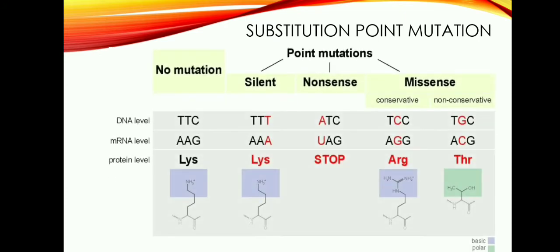So here is the substitution point mutation. This is the no mutation, with the DNA level and nitrogen bases of thymine, cytosine, the mRNA level of adenine, guanine, and the protein level of lysine.